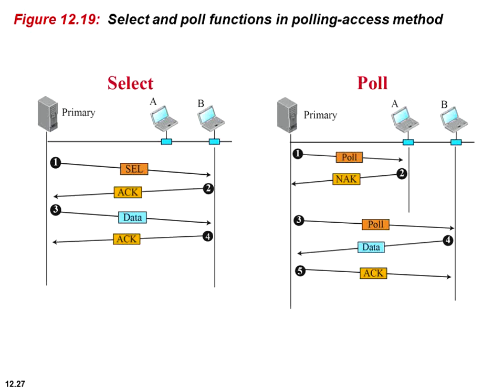If the primary is neither sending nor receiving data, it knows the link is available. If it has something to send, the primary device sends it. The poll function is used by the primary device to solicit transmissions from the secondary devices. When the primary is ready to receive data, it must ask for a poll.